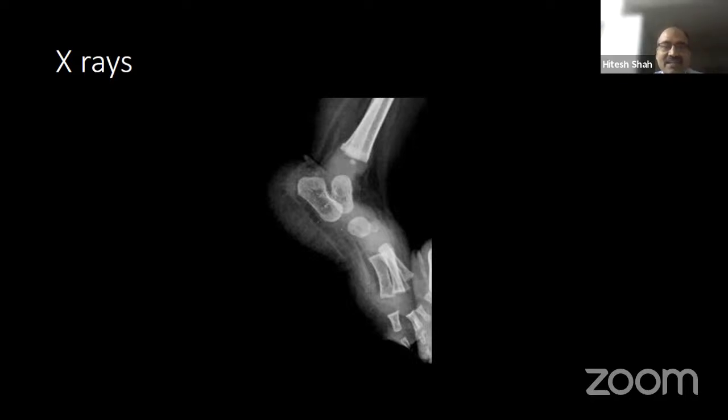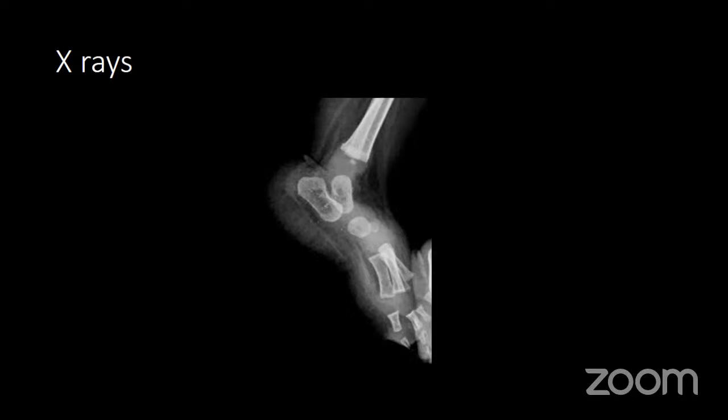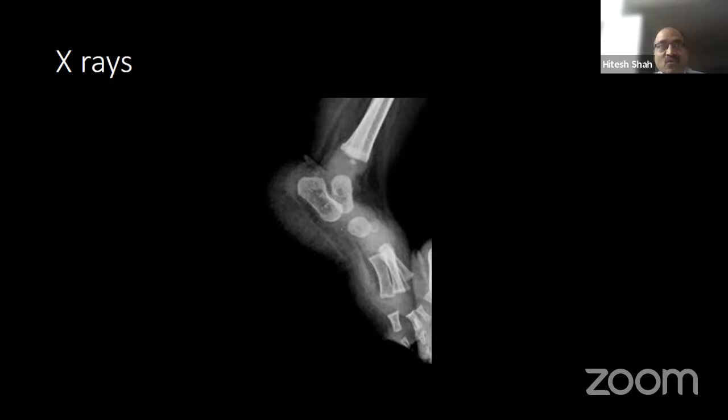Exactly. Please understand that whenever we talk about X-ray, only 3 bones are ossified very clearly at birth: talus and calcaneum are always there, and all 5 metatarsals are always there. Whenever there is no deformity, the talus would be in line with the first metatarsal. So the relationship between talus and first metatarsal is maintained, that means it is in line.